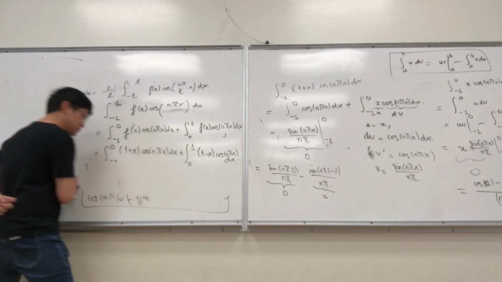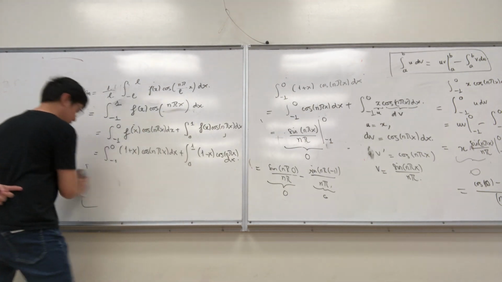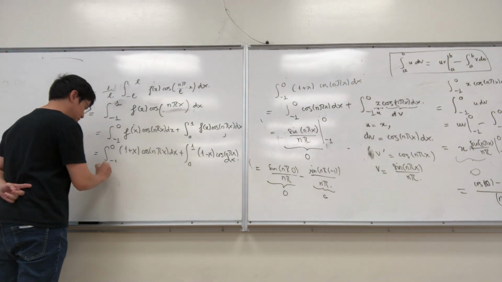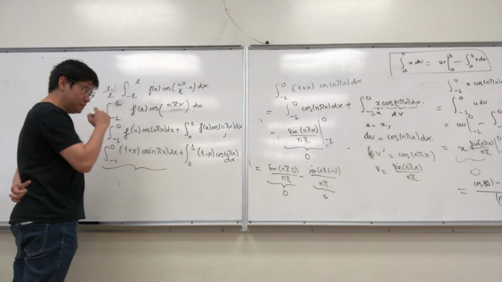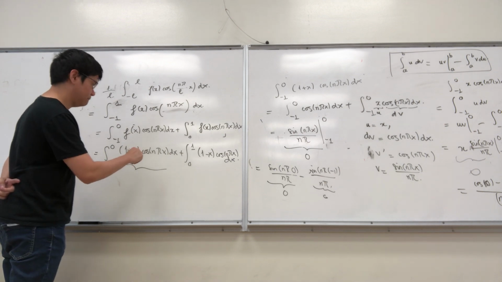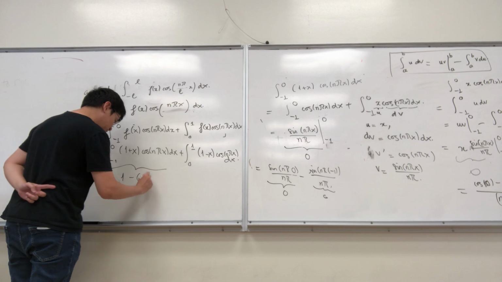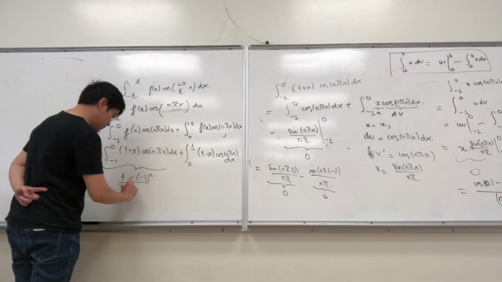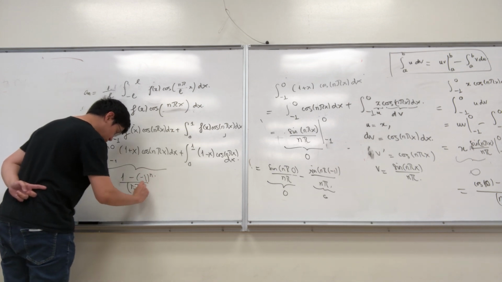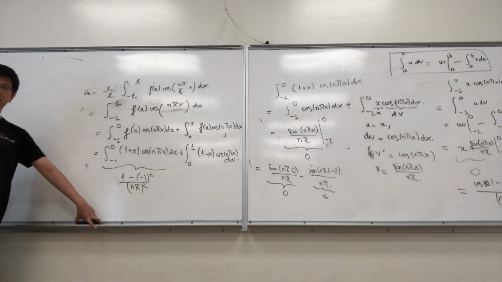So the first one, I know that this is going to be 1 minus minus 1 to the power n over n pi squared, right?